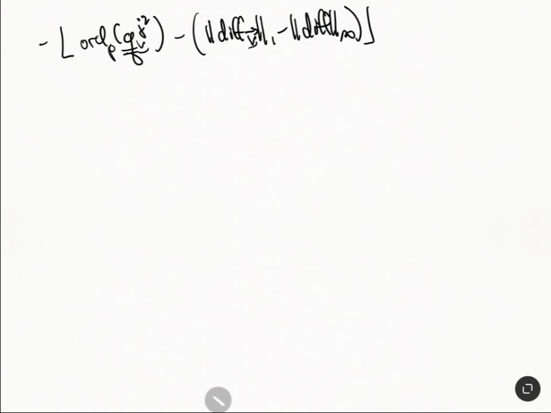And then, okay, this is one of the terms. And so this thing is less than or equal to minus, like this.